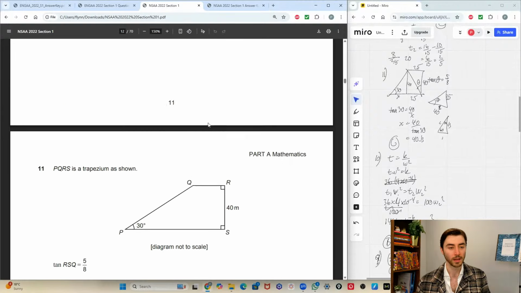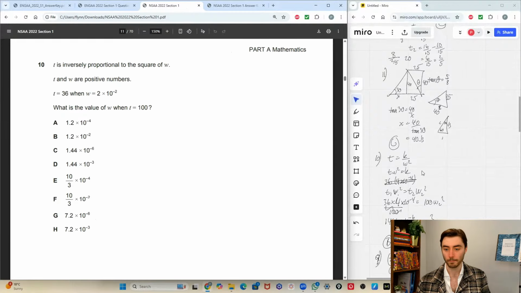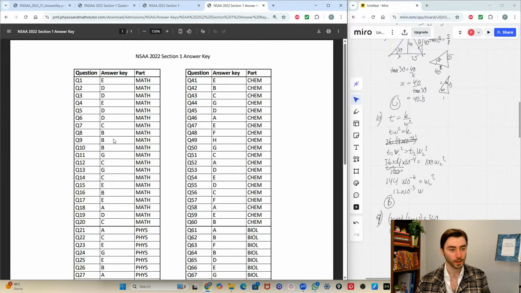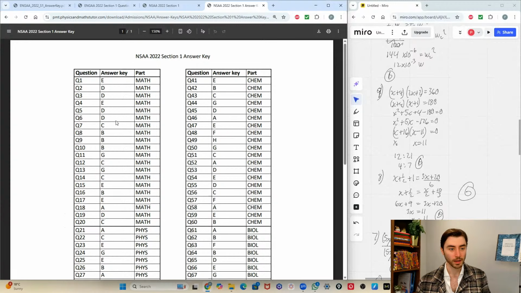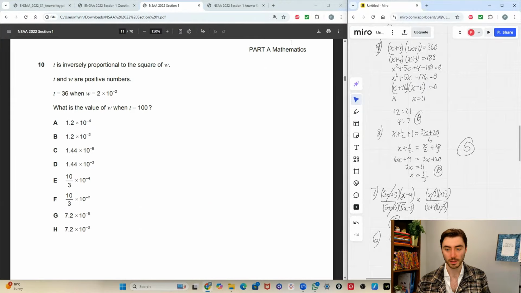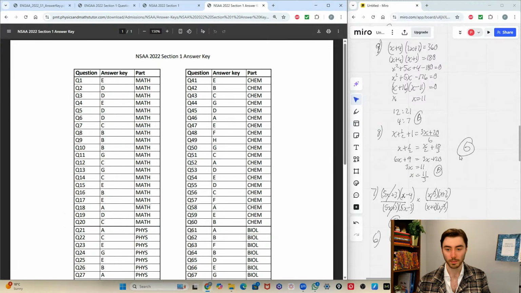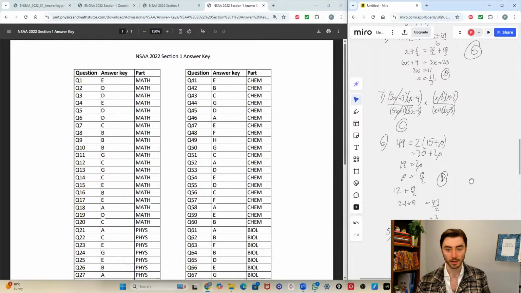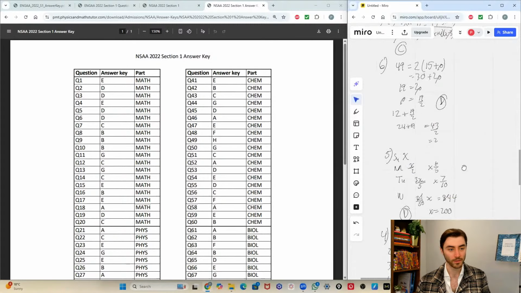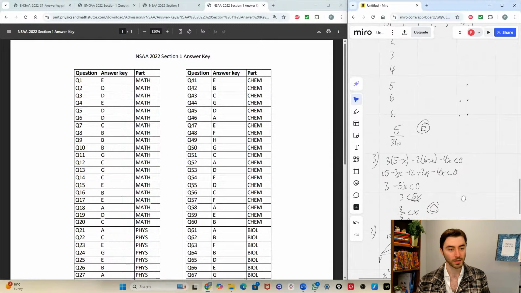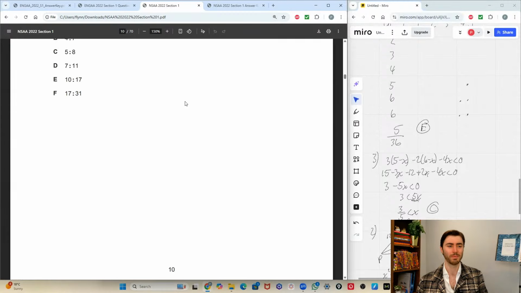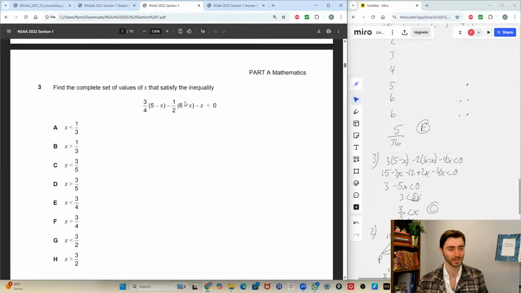Yep, nailed it. 10 I got B. Yep. 9 I got B. Yep. 8 I got B. Yep. 7C. 6D. 5D. 4E. 3C. Oh, I got that wrong. How did I get that wrong? Was it just a sign? I bet it was a sign error with the inequality sign.